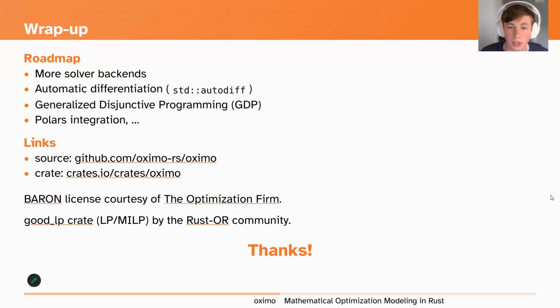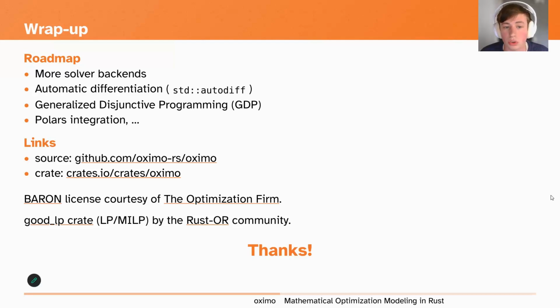And then to wrap up this talk, I want to talk about what we have on the roadmap. First of all, we want to support more solver backends. We currently rely on a series of crates maintained by the different communities, so we'll have to write our own bindings to the solvers.